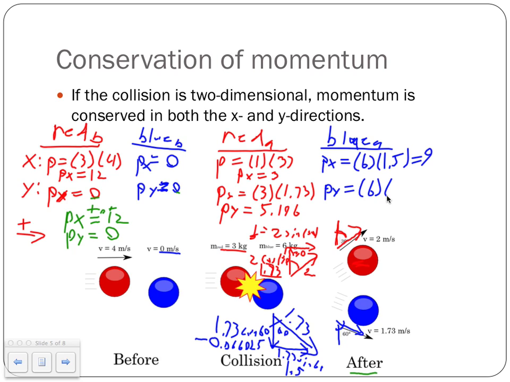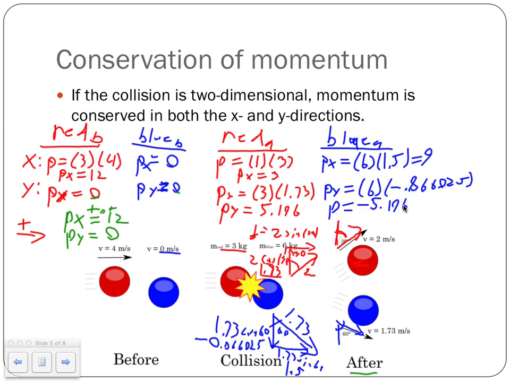The velocity in the y direction is negative 0.866025. So the 0.866025 times 6 gives us negative 5.196 kilogram meters per second.